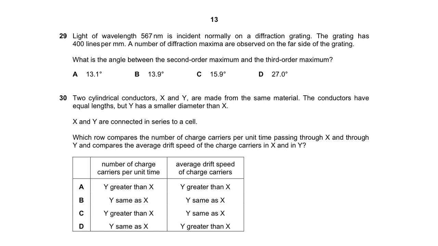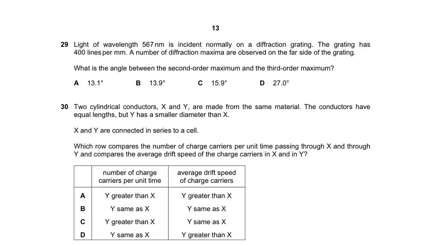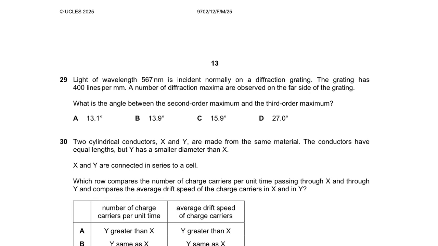So, the formula that we have for a diffraction grating is d sine theta equals n lambda, where d in this case represents the grating spacing. Now d can also be written as 1 upon N, where N represents the number of lines per meter.